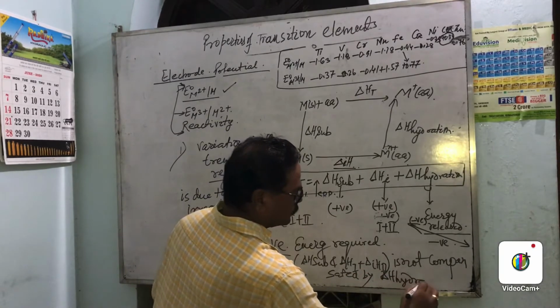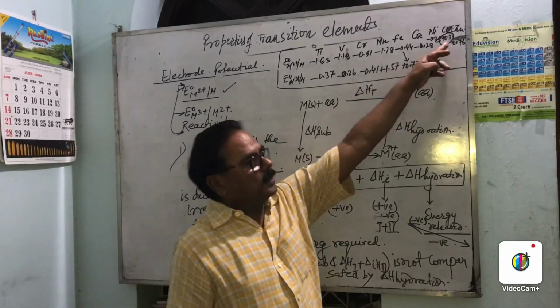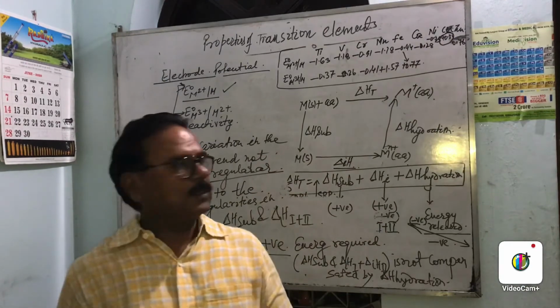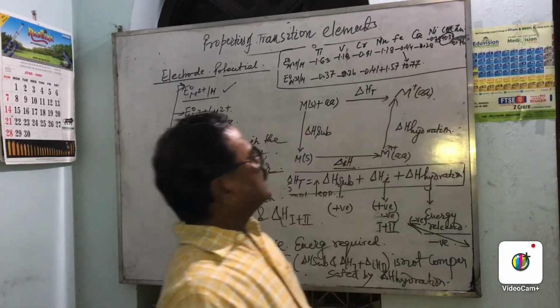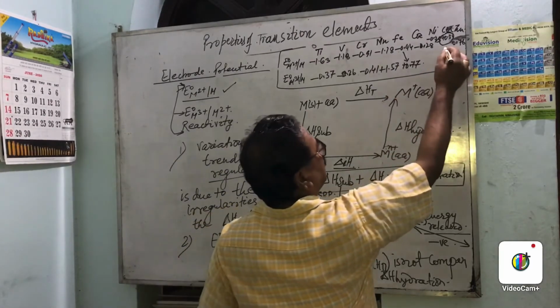That's why the value for copper in the first series is plus 0.34, and zinc will have a negative value.